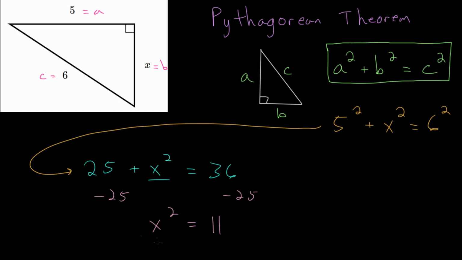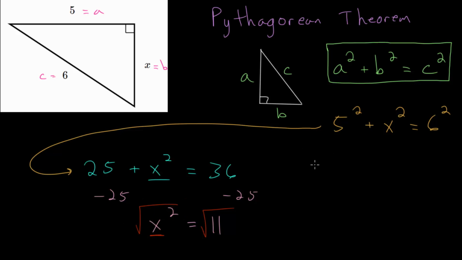Now, to get x by itself, we need to get rid of this square here. The operation that allows us to cancel out squares is taking a square root of each side of the equation. When you have something squared and you take a square root, you end up with the number on the inside, ignoring the square and the square root.